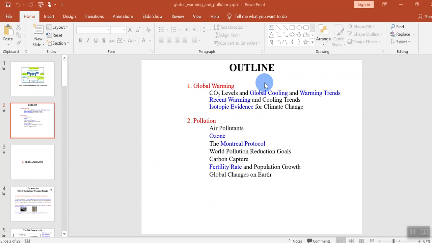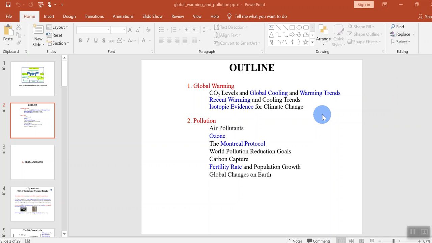Anyway, outline, two main points: global warming and pollution. Global warming, we'll see how carbon dioxide levels and global warming trends go hand in hand. We'll talk about recent warming and cooling trends due to the burning of fossil fuels, and we'll present some isotopic evidence for this global warming.